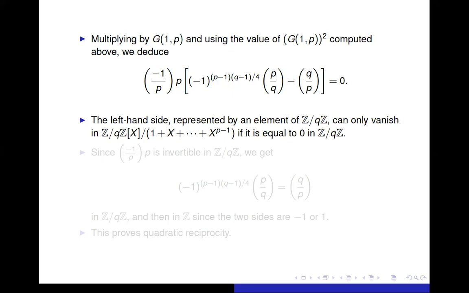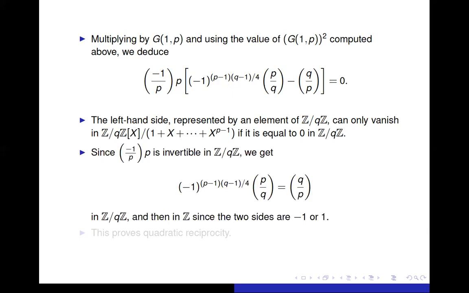But we have seen that there is a unique representative of any element of the ring we are working in, a unique representative of degree p minus 2 or less. So because of that, if it is represented by a constant, there is only one possible constant, and then if the element is equal to 0, the constant is equal to 0. So it means that necessarily the left-hand side should be 0 in Z over qZ.